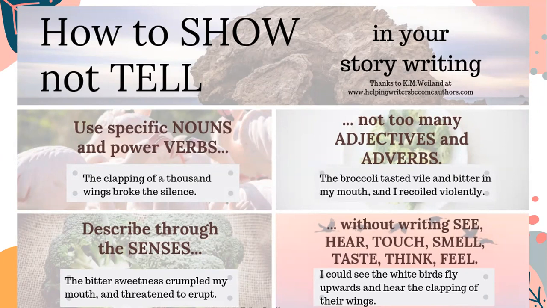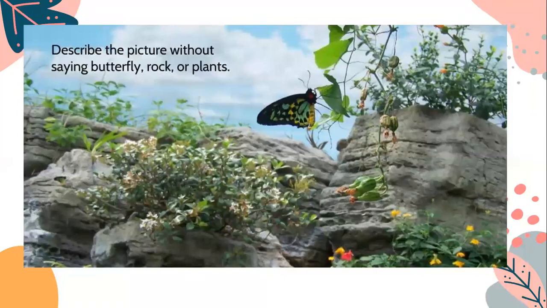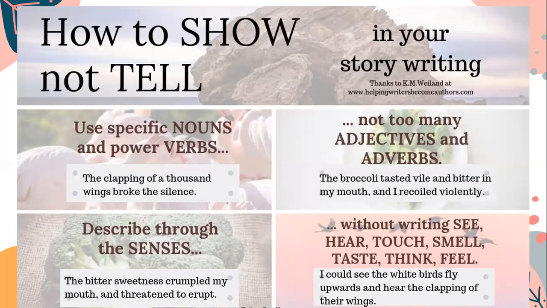And without writing the words see, hear, touch, smell, think, feel, you still are going to make your readers do it. So remember the words that you can't use. You cannot use the words butterfly, rock, and plants, and you cannot use the words see, hear, touch, smell, taste, think, feel.